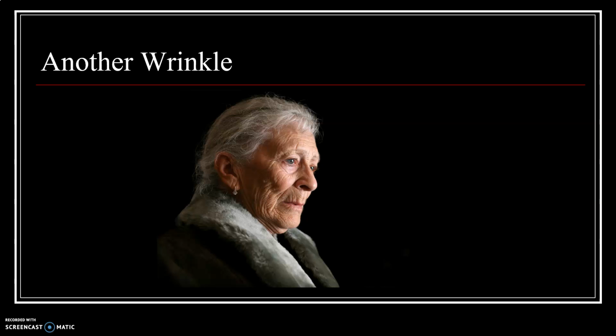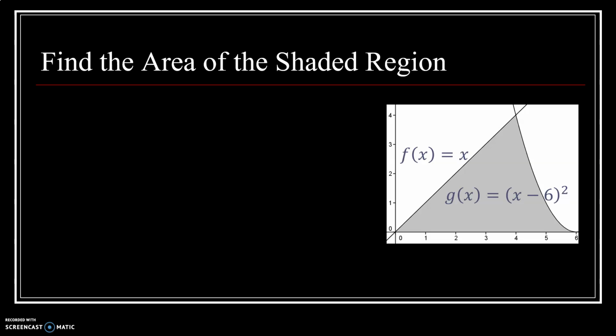We're going to have one last wrinkle in our last example. If I want to find the area of this shaded region, I notice that these are not x equals functions, but it would make sense almost to draw a rectangle sideways, except that these are not functions that easily fit that pattern.